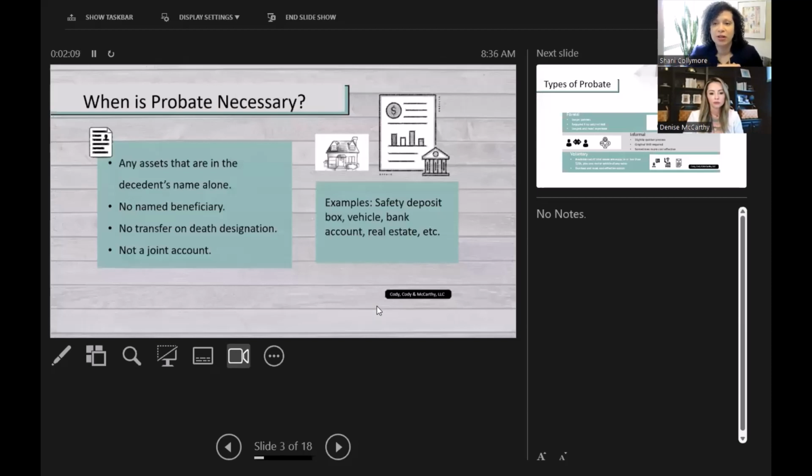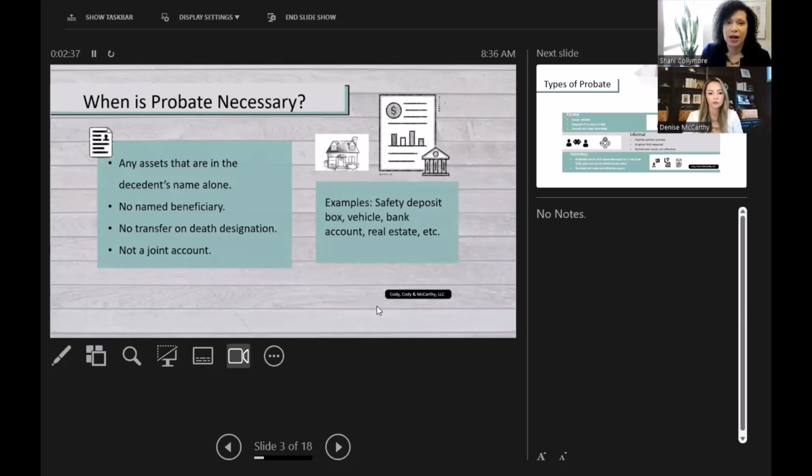Probate is generally only necessary if the person has probate assets. A probate asset would be an asset that was in the decedent's name individually with no other person, so not a joint bank account, and an asset that doesn't have a beneficiary. A good example would be an individual bank account that didn't have a beneficiary on it and is just in that person's name.